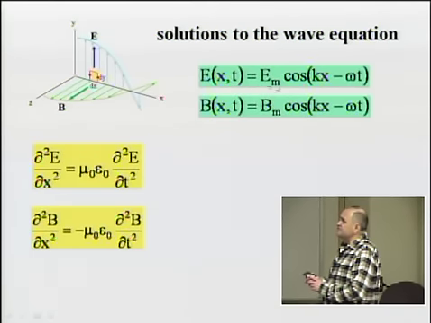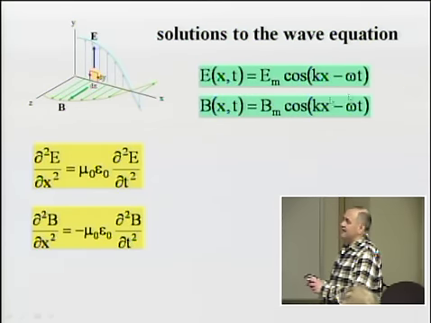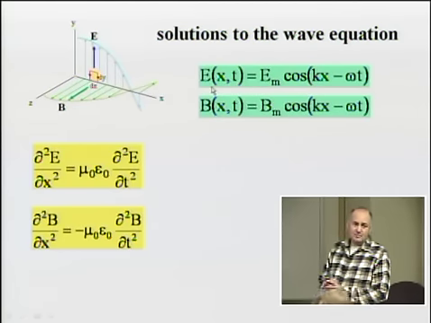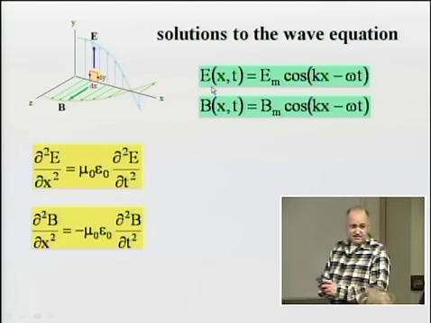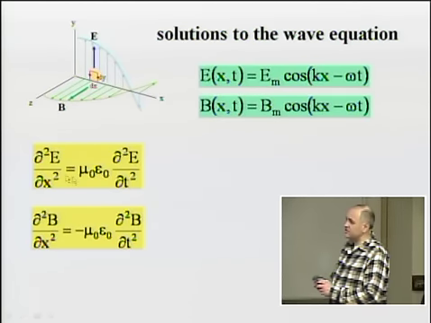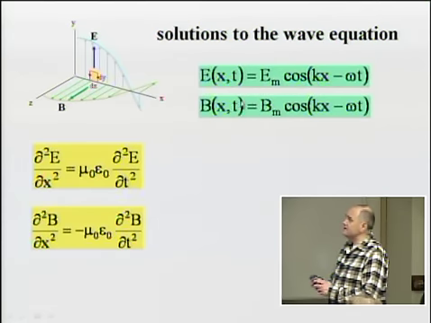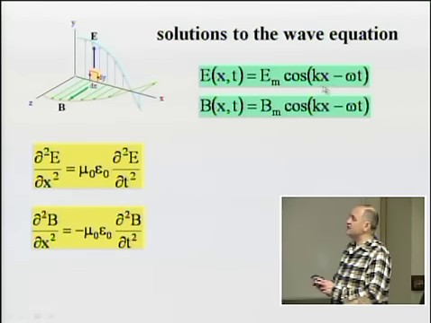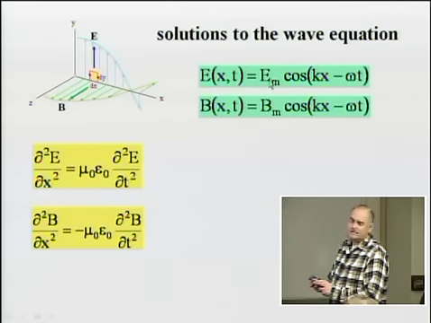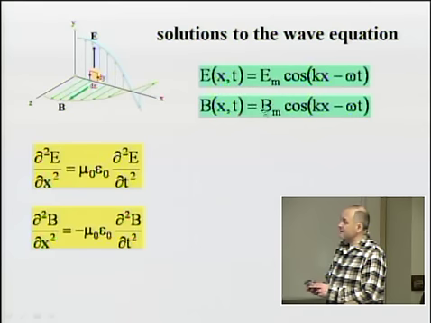Now, this is a general form of a trigonometric function. Now we will have to adjust appropriately the constants in the function to make sure that this equation is satisfied. Not for every combination of constants. And where are the constants? The peak value of the electric field vector and the peak value of the magnetic field.